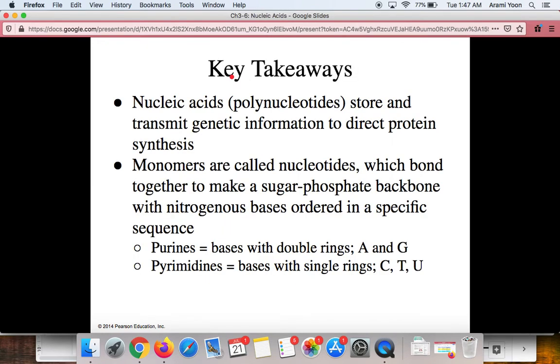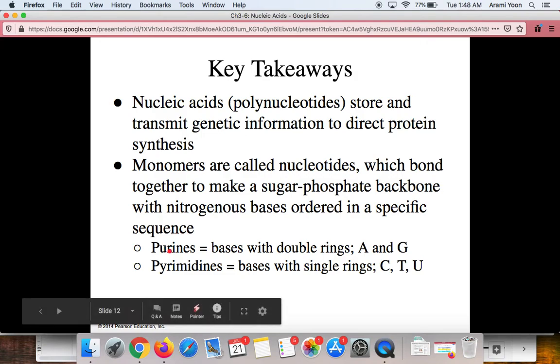Here are your key takeaways. Nucleic acids, also known as polynucleotides, store and transmit genetic information to direct protein synthesis. Monomers are called nucleotides, which bond together to make a sugar-phosphate backbone with nitrogenous bases ordered in a specific sequence. And that specific sequence of nucleotides is going to be what causes the amino acids to get put together in the right order at the ribosome.